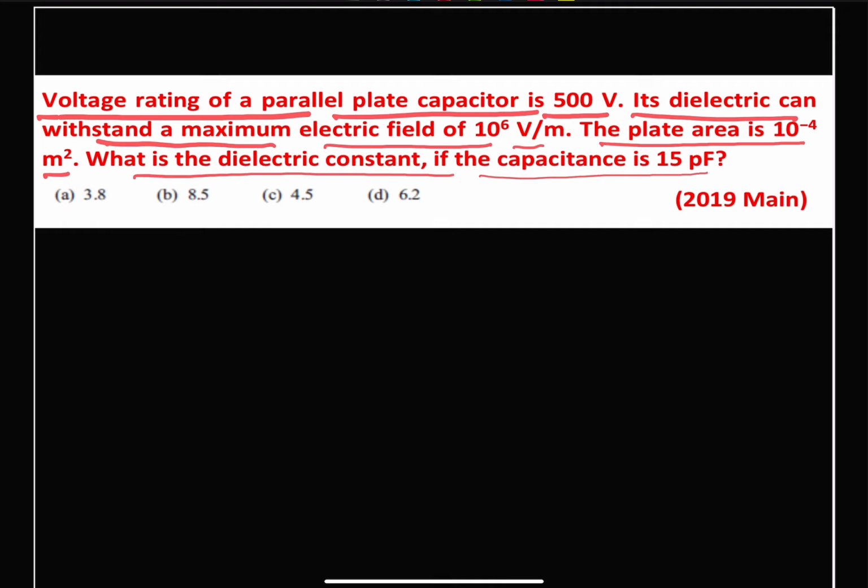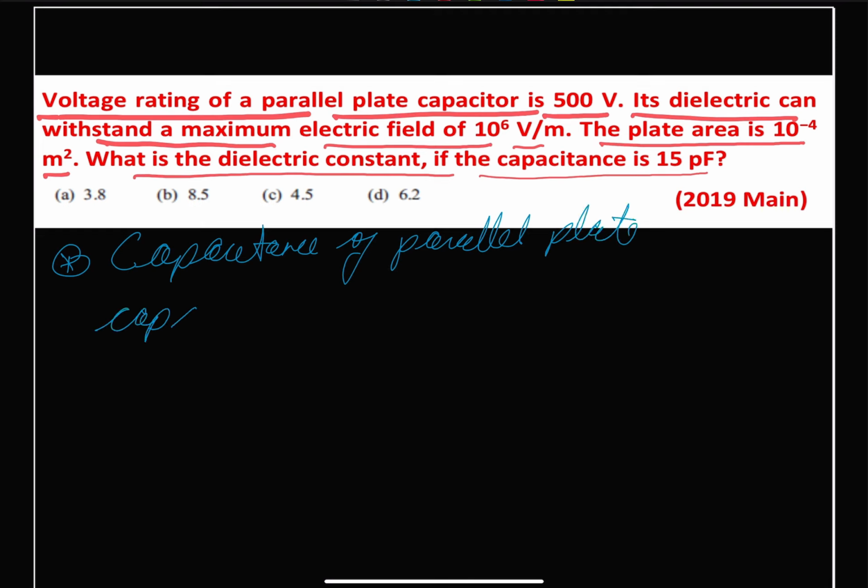This question is more or less directly related to the formula. We already know the capacitance of a parallel plate capacitor with dielectric.